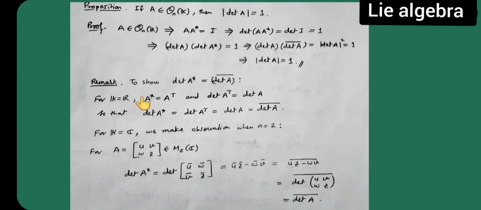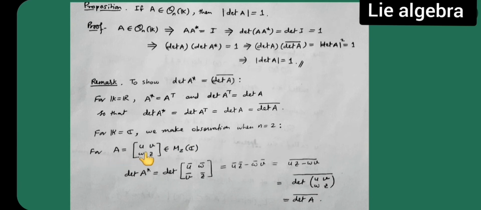Now this is the remark which is given, which you all have to know. Determinant of A star is equal to determinant of A bar. For K equal to R, A star is equal to A transpose, and determinant of A transpose is equal to determinant of A, so that determinant of A star is equal to determinant of A, which equals determinant of A bar, or conjugate you can say. This is for K equal to R. And now for K equal to C, we make an observation when n is equal to 2.